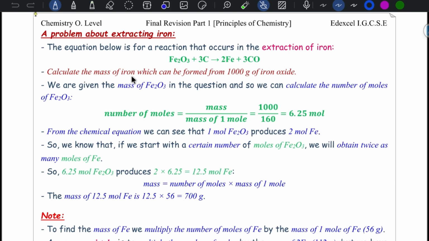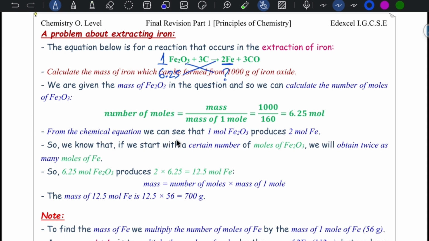We have 1 of iron(III) oxide and 2 of iron. So the number of moles can be written right here, 6.25, and find this by just a cross multiplication. So you have to multiply 6.25 by 2 to get the moles of iron.